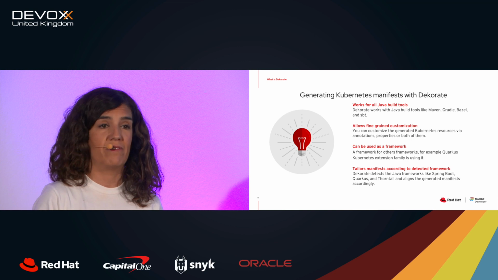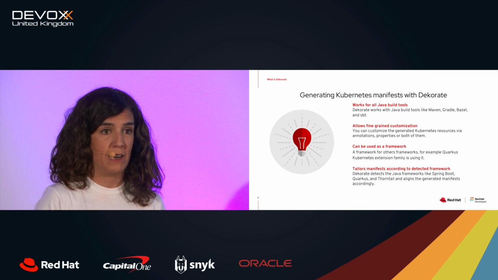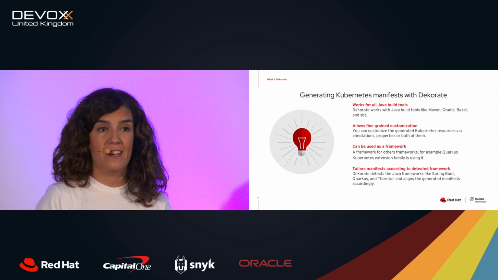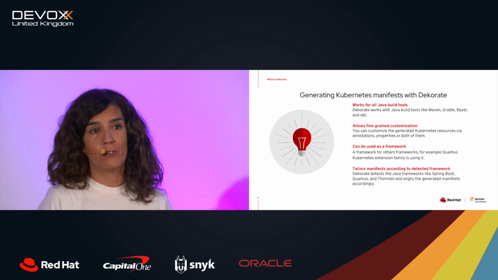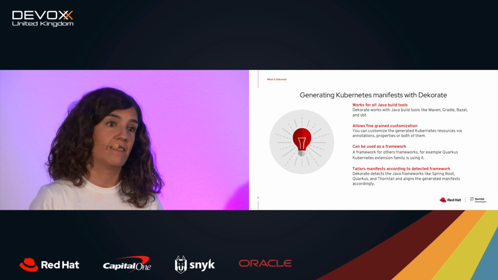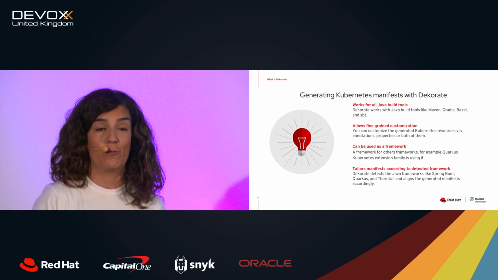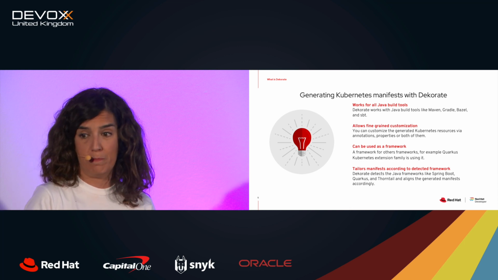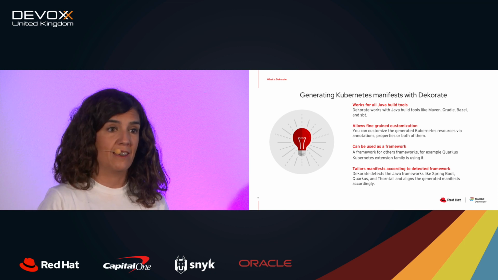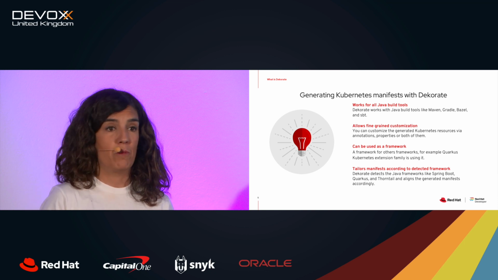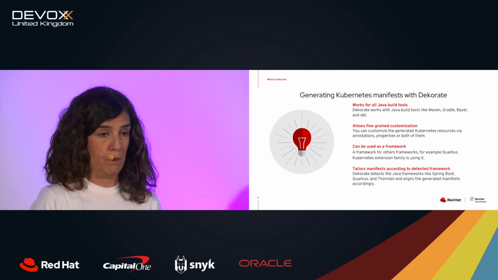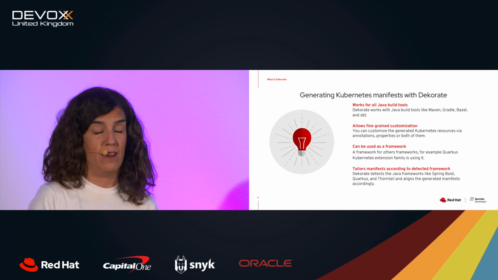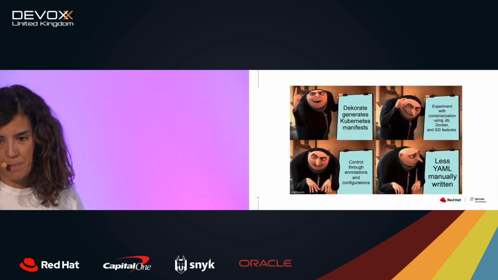For example, it is the framework used by the Quarkus Kubernetes extension under the hood for generating manifests. And the most important goal for Dekorate is to provide the simplest out-of-the-box experience, so it detects frameworks such as Spring Boot, Micronaut, or Quarkus, and aligns the manifest accordingly. For example, if you're using Spring Boot for your microservices, Dekorate will automatically add port 8080 to the manifest.